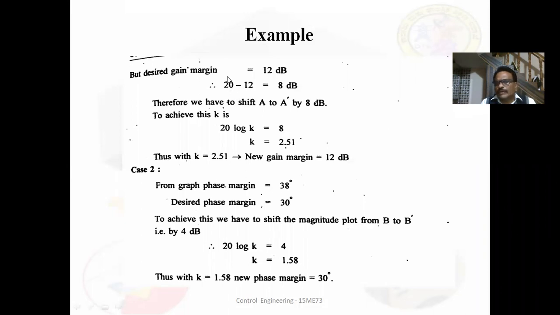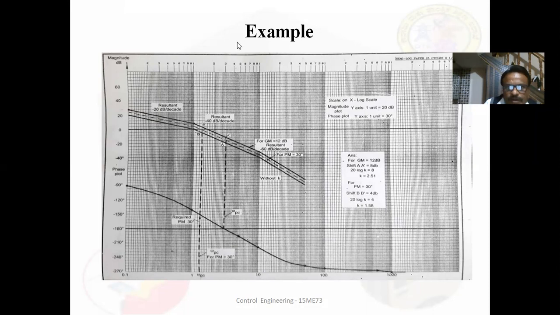The given gain margin is 12 dB. When k value is equal to 1, the actual one is 20 dB. But 20 minus 12 is 8 dB. That 8 dB we have to shift from here to here.